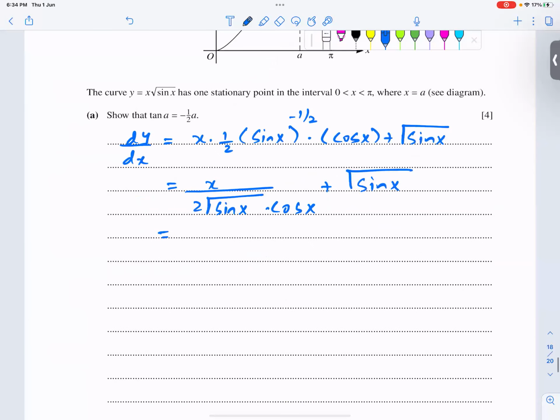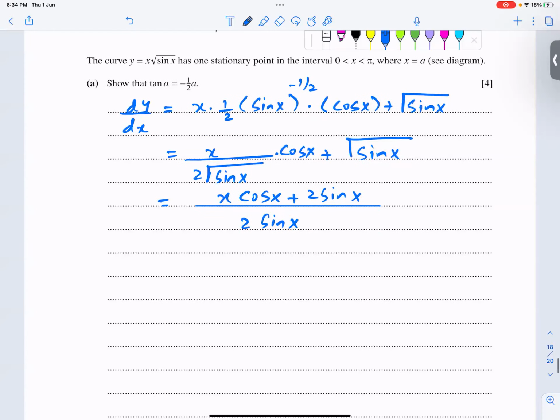Take the LCM, 2 square root sine x: x cos x plus 2 sine x, all over 2 square root sine x.